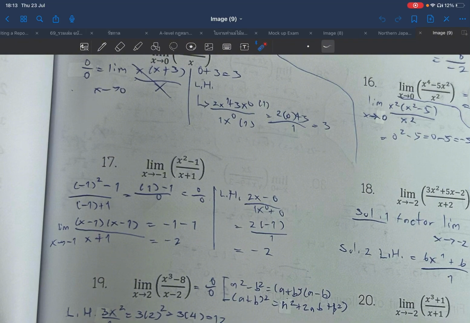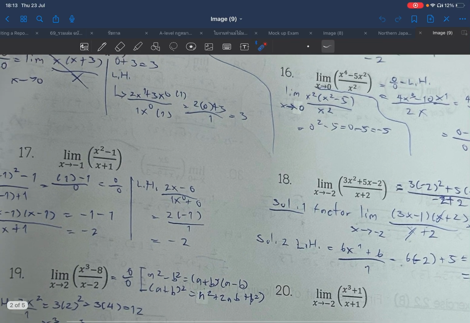So we should get (x - 1)(x + 1) over (x + 1). And this is the solution, -1, -1. We should also add these two, we'll get -2.